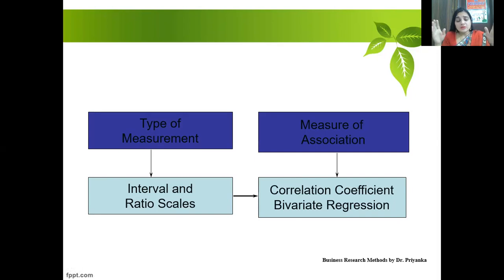There's a pattern, or you can say there is a similar difference among the parameters, right? So this way you can justify it as an interval scale. So kind of real data, right? So for that you will be going for measures of association like correlation coefficient and bivariate regression.